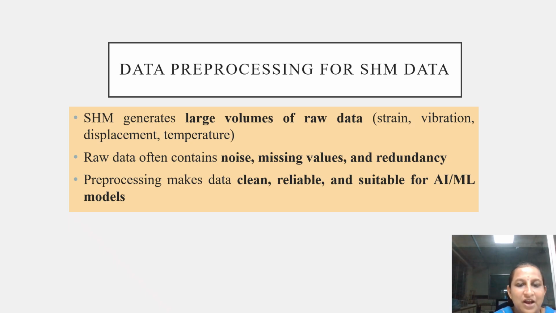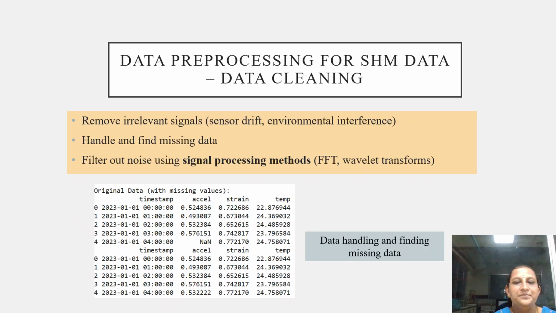This raw data can also contain noise, or missing values due to a sensor not working under some condition, and some redundancy may be present in the data. So we need to process the data before using it for any learning algorithm. Pre-processing makes the data clean, reliable, and suitable for artificial intelligence or machine learning models.